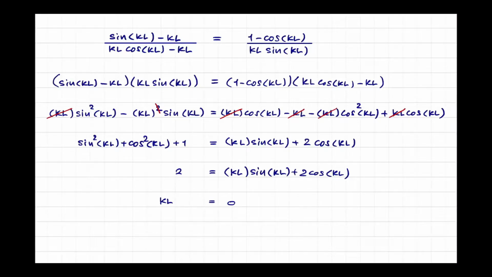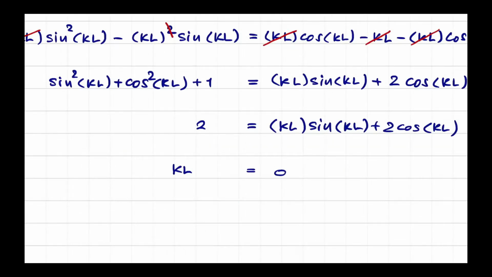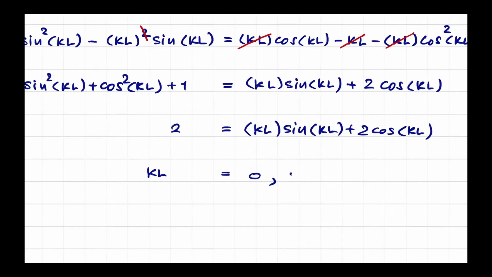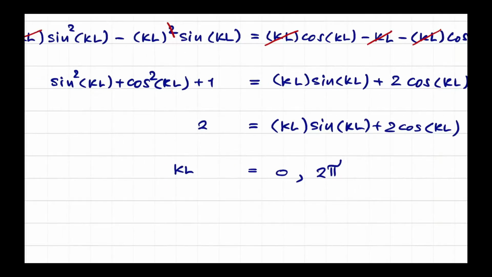So we come back to this screen and we find that the KL could be 0, could be 2 pi. So we expand the KL, and that is the square root of P over EI.